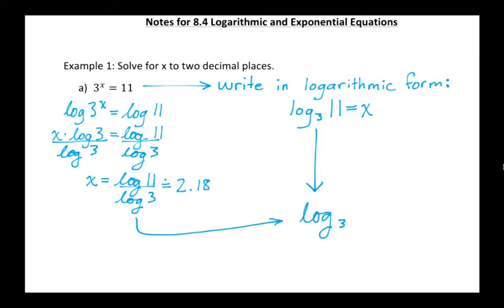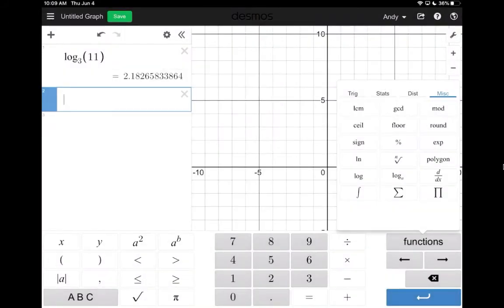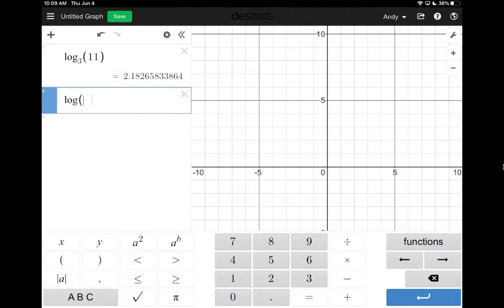These are the same. I'll just prove that to you. Log of 11 divided by log of 3 is the same value. So if I do log of 11 and I divide by log of 3, and notice that I have not specified the base here, which means it's using base 10, I get exactly the same value.